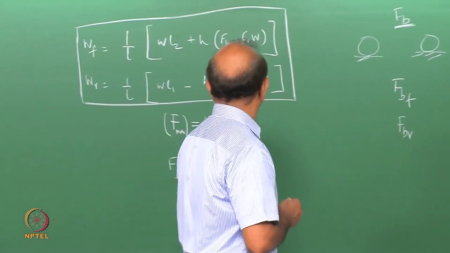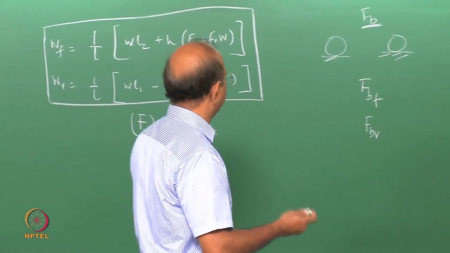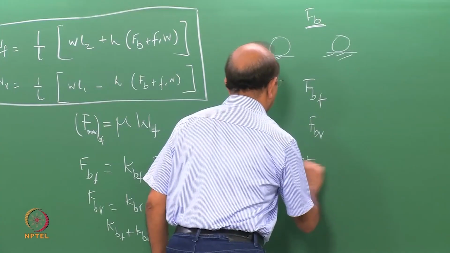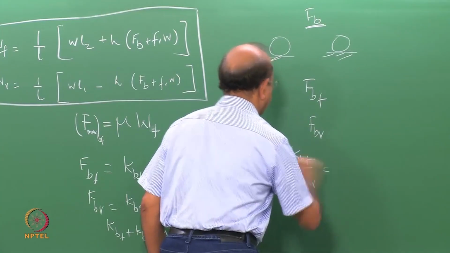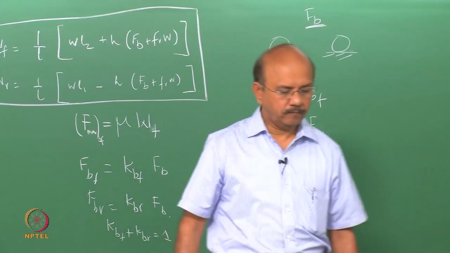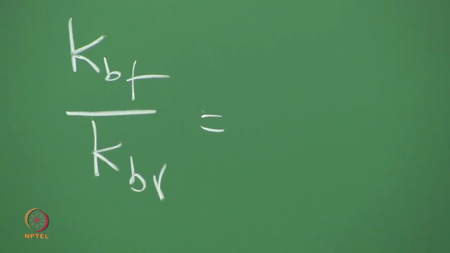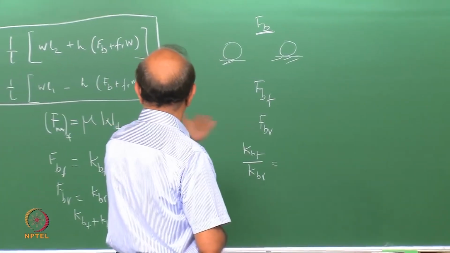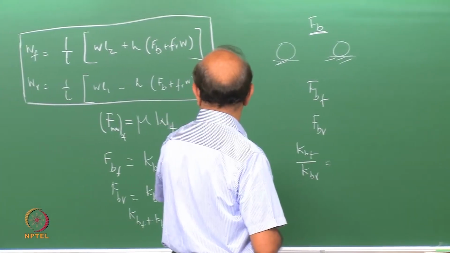So what is that condition? We simply say that KBF by KBR should be equal to, is proportional to, WF and WR.